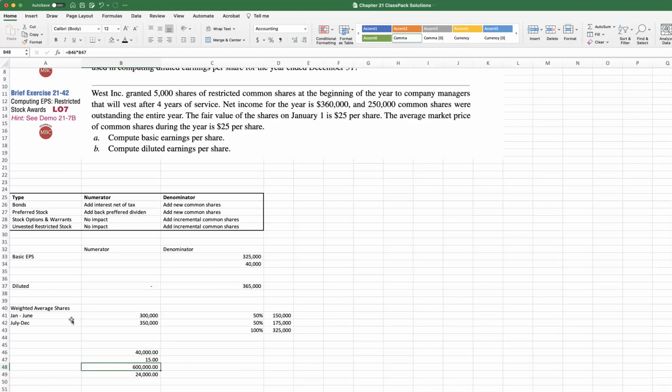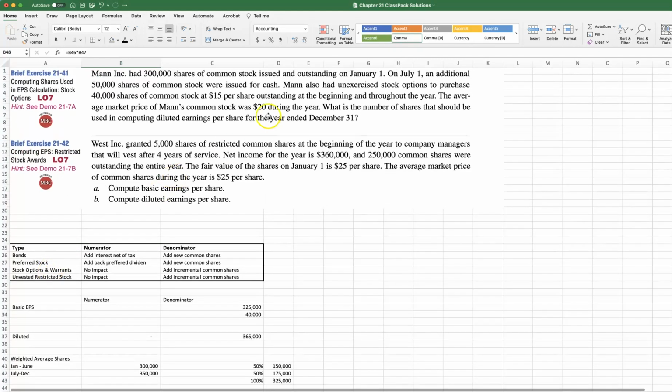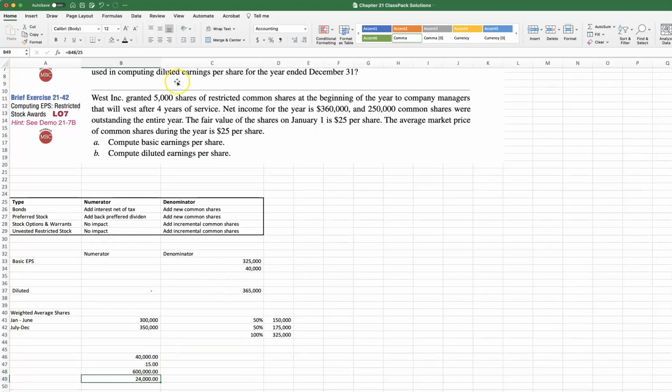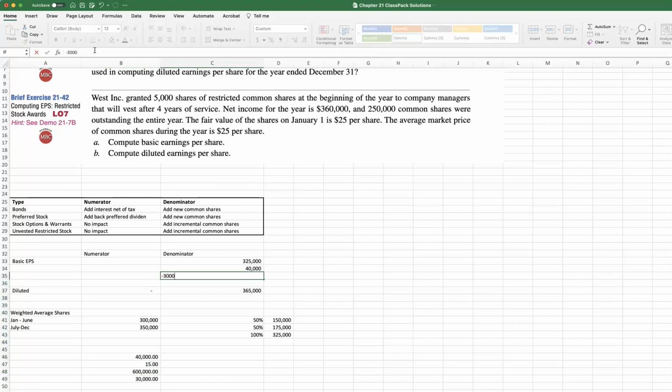I could take that $600,000, and if I go back up to the problem, because it's kind of hidden, the market is trading at $20 per share, right? This is why all those people turned in their options. So I'm going to take that $600,000 and buy as many shares of stock as I can with it. And I can buy 30,000 shares of stock.